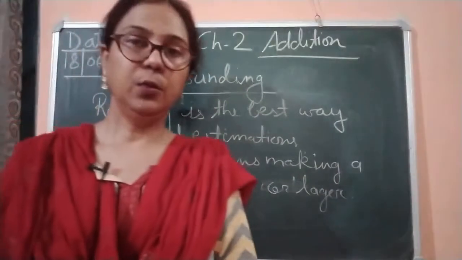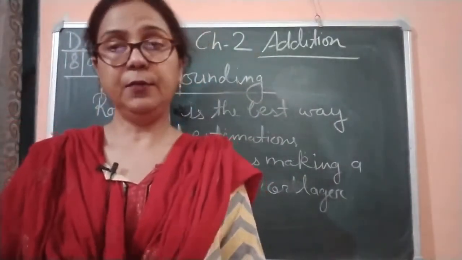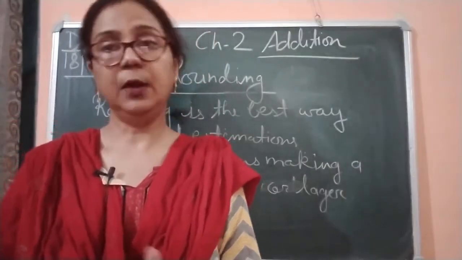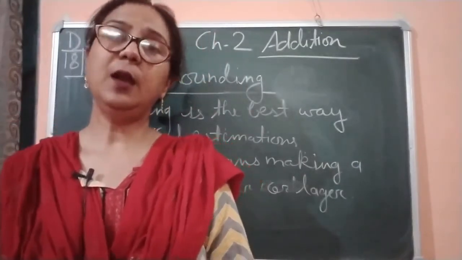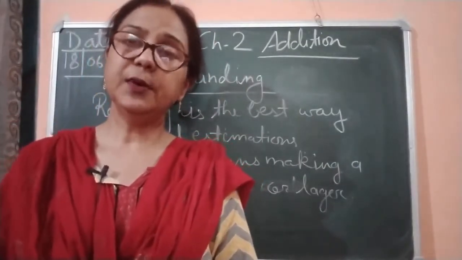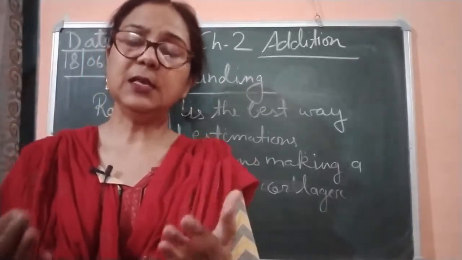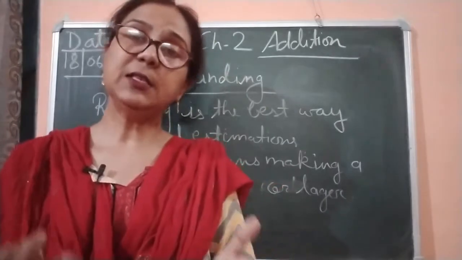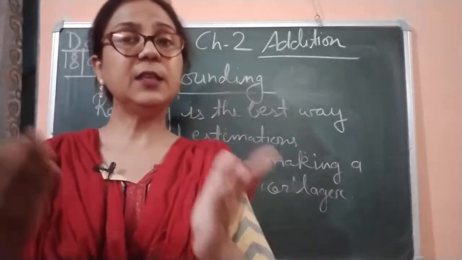Children, as you all know, we are already aware of the place values of numbers. So when we are rounding numbers, first of all we should know the nearest tens or nearest hundred.